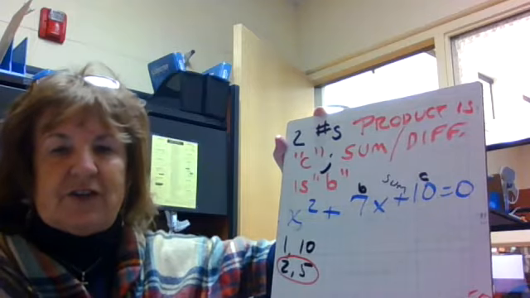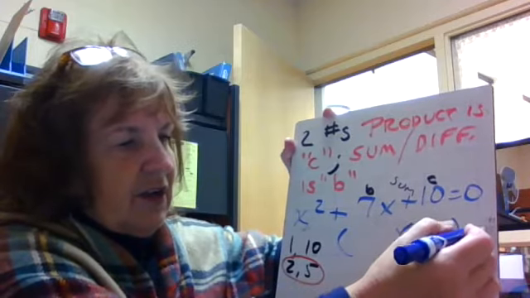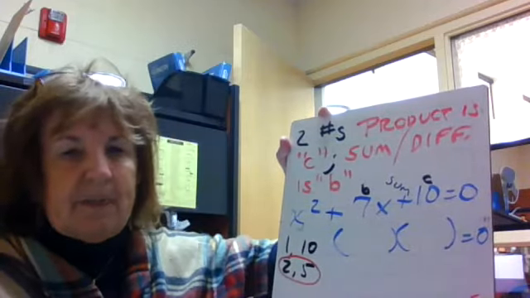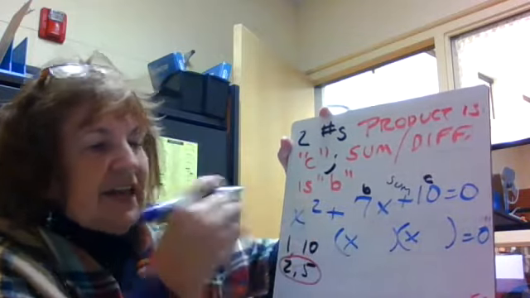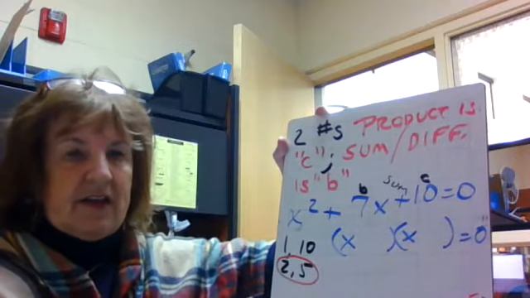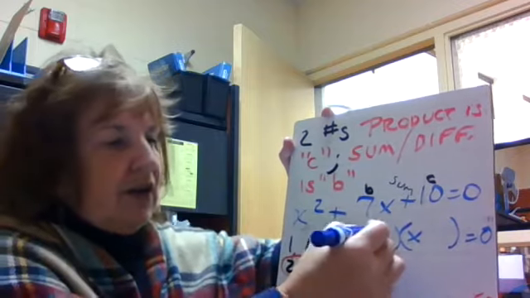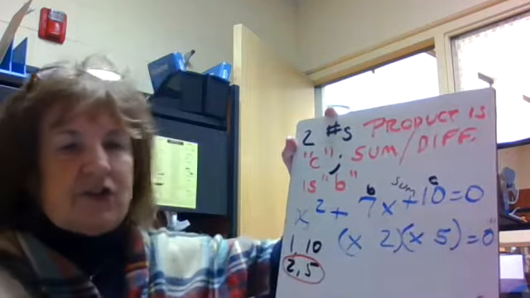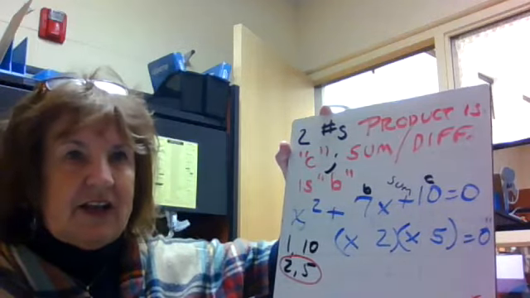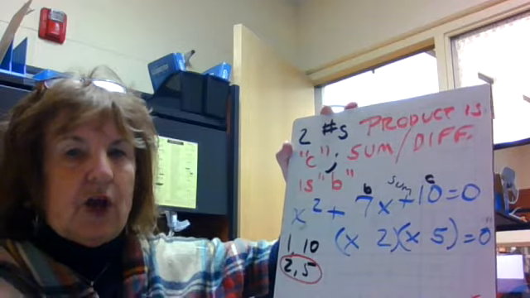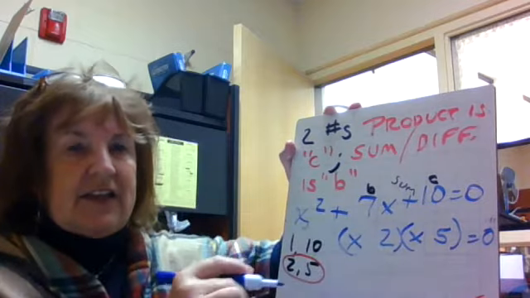So we're going to write our answer. You start with two sets of parentheses. We put x's in because x times x is x squared. Now put the two numbers you picked in, and it doesn't matter which one goes where. Don't put any signs in, just put the numbers in. Now this is where we're going to use some common sense. We said we were going to add them, and when you add, the signs are the same.